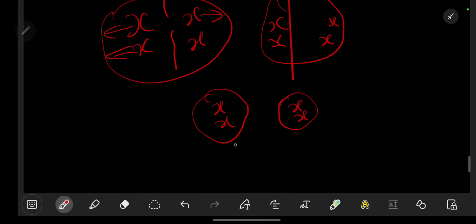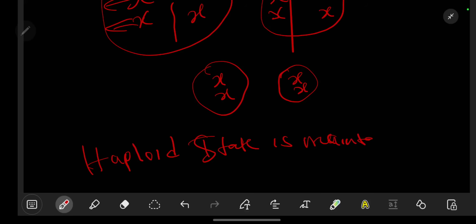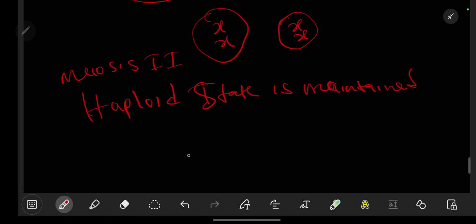Now in meiosis 2, the haploid state is maintained. Under meiosis 2, they are just put apart.